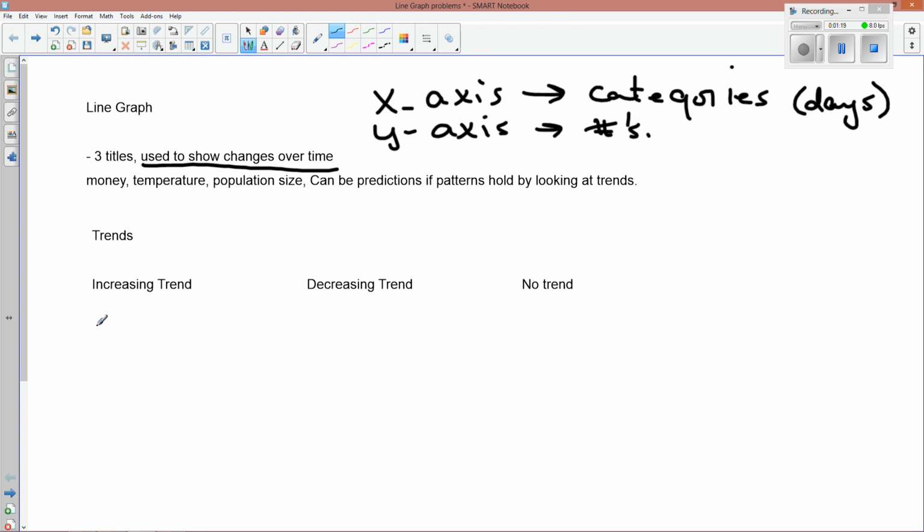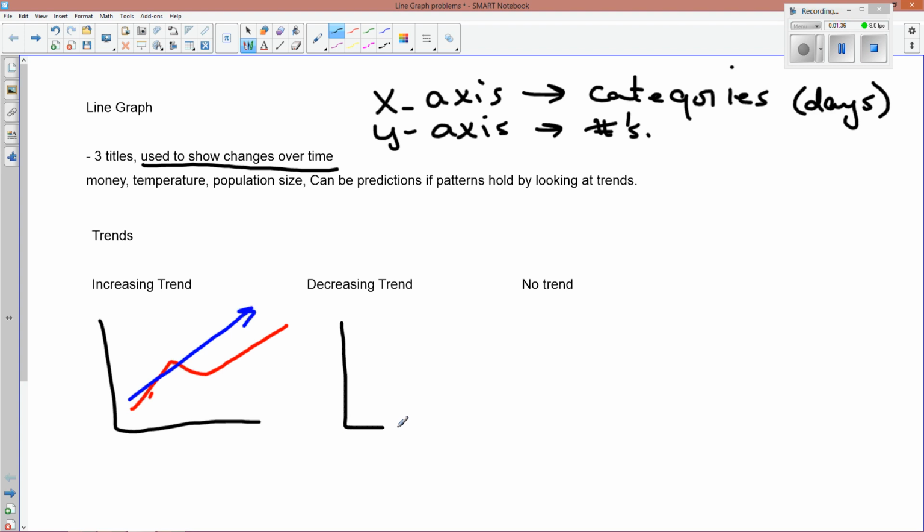So if we have our basic line graph, and over time it starts doing something like this, over time, we have an increasing trend. Decreasing trends, when it comes to line graphs, might look like this, starting off high, going down.